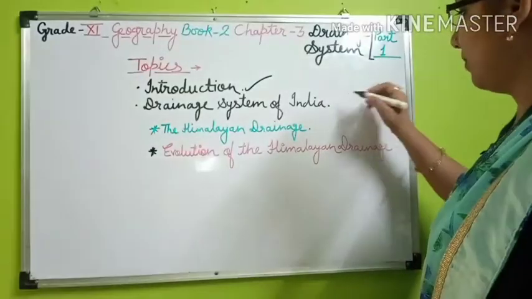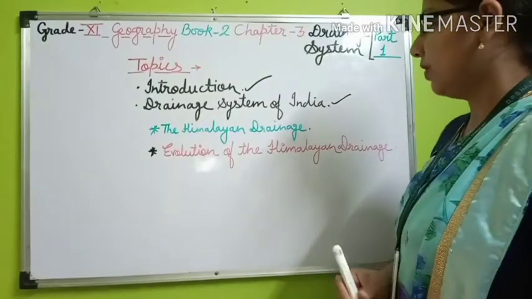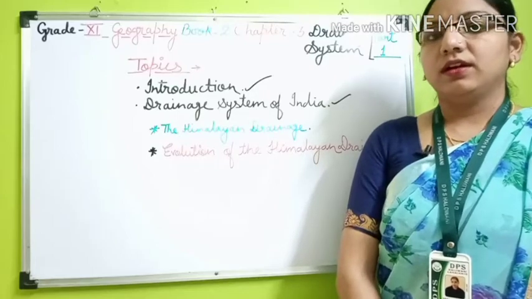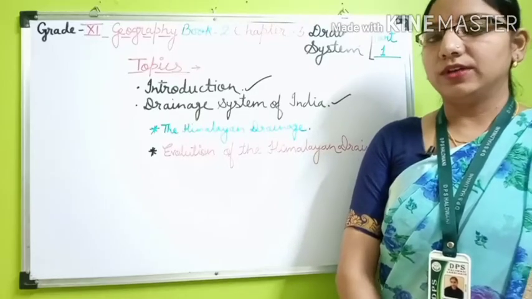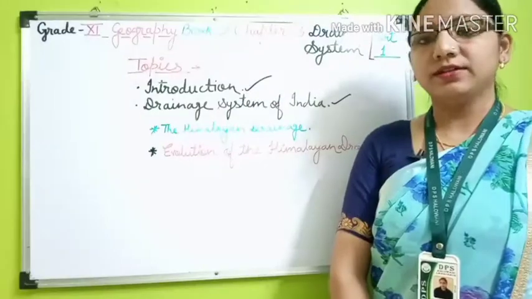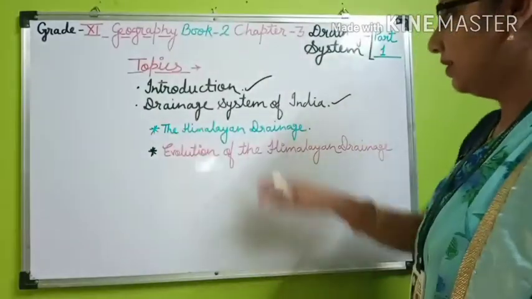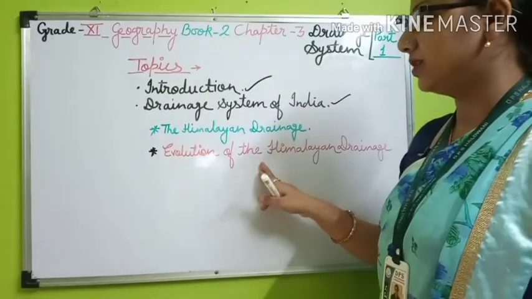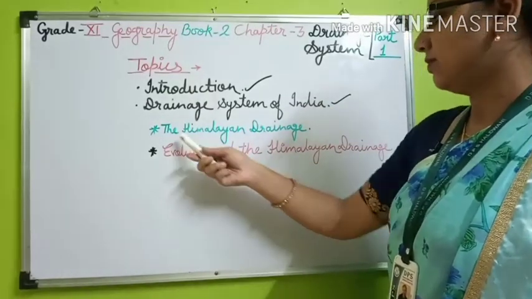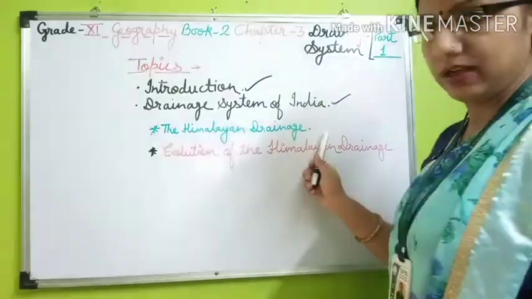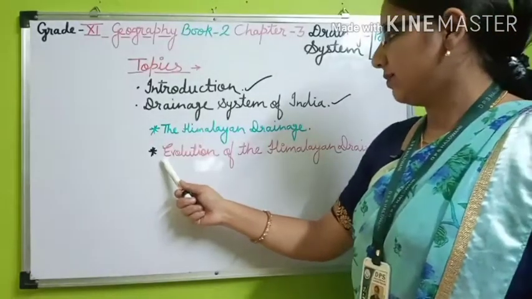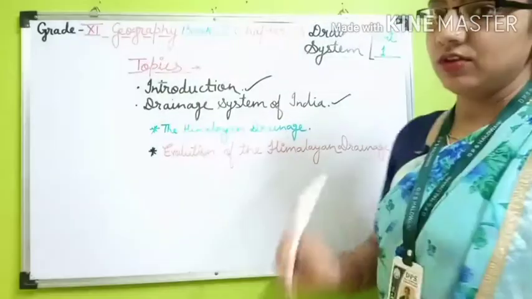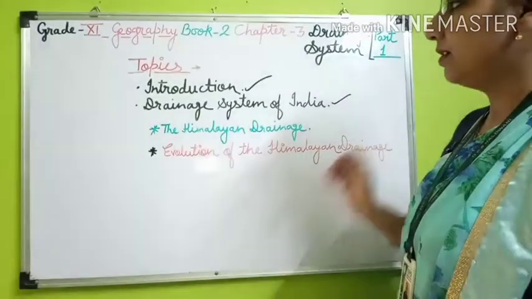In the second topic, drainage system of India through map, we will see how the drainage system of India is working. Then in this, we will cover two more subtopics. The first subtopic is the Himalayan drainage, and the second subtopic is evolution of the Himalayan drainage. So these are our today's topics.